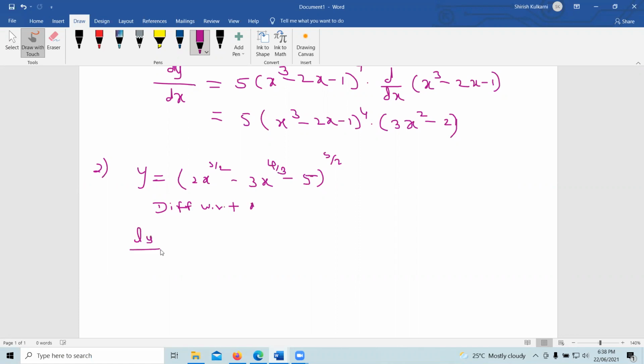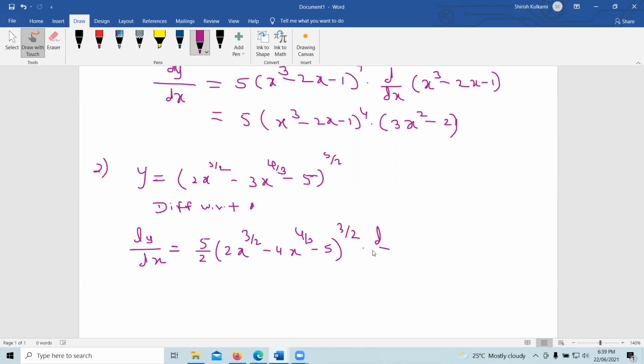dy by dx, first apply f of x raised to n, 5 by 2, 2x raised to power 3 by 2 minus 4x raised to power 4 by 3 minus 5, this bracket as it is, no change, raised to power 5 by 2 minus 1, 5 by 2 minus 1 means 3 by 2.